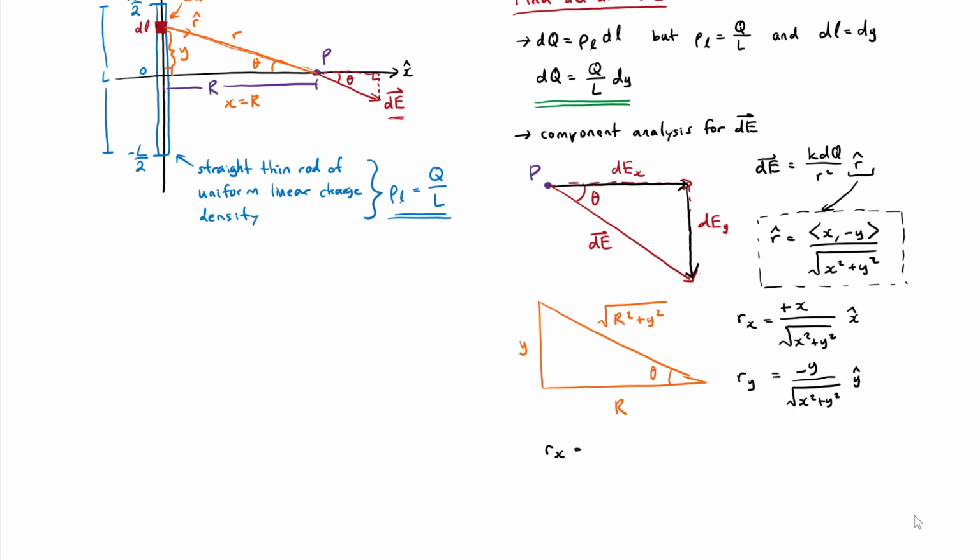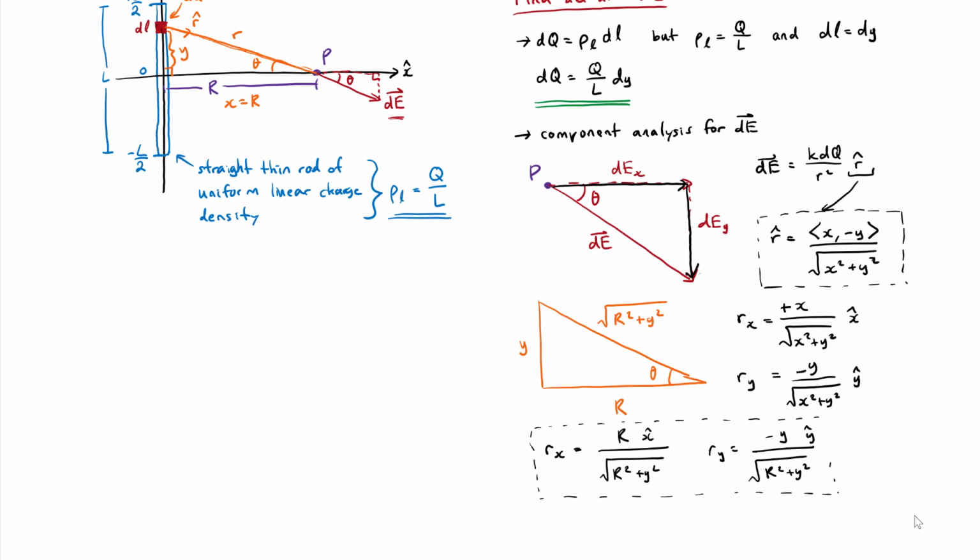Rx goes in the x direction, so that means it's r over the square root of r squared plus y squared in the x direction. Ry is simply going to be negative y over the square root of r squared plus y squared in the y direction.